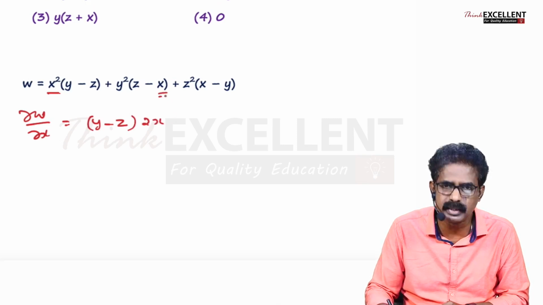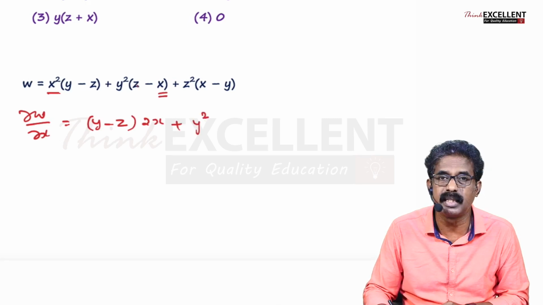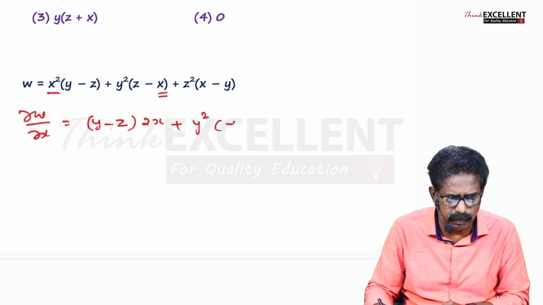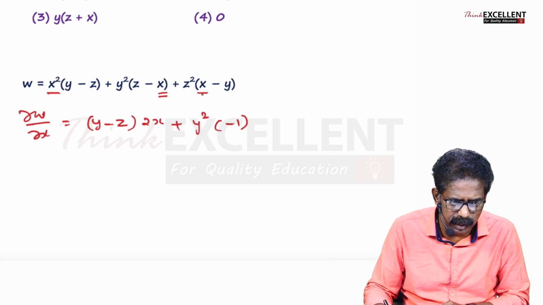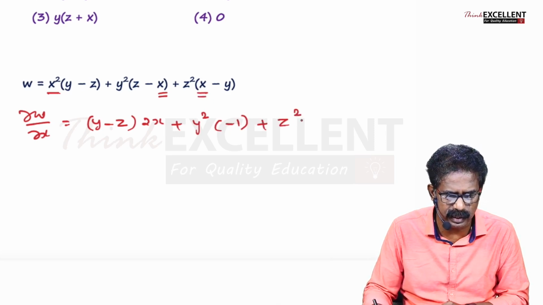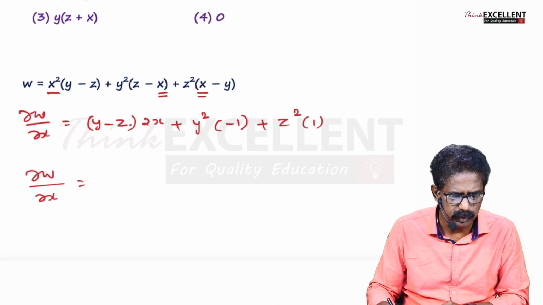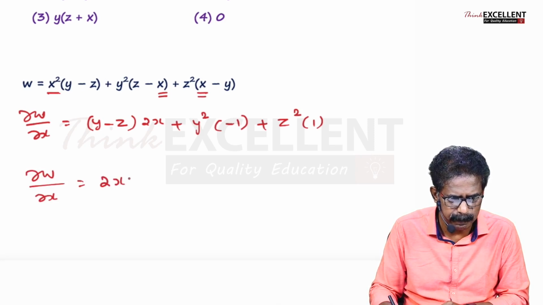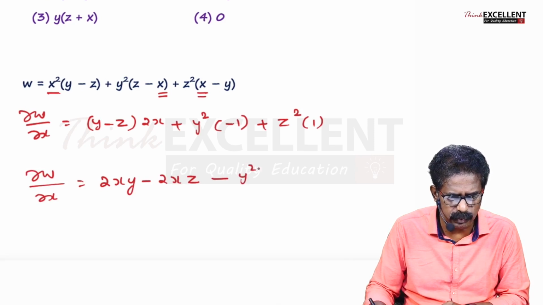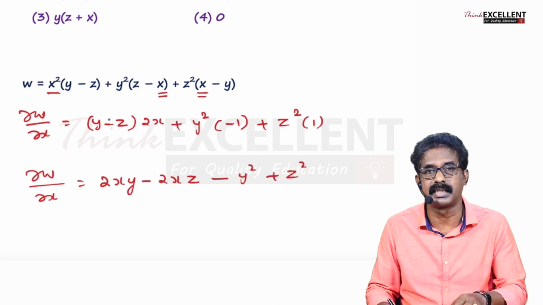Second term also x is there, so plus y square is a constant, z derivative 0, minus x derivative minus 1. Third term also x is there, so plus z square is a constant into x derivative 1. So dou w by dou x is, multiply term by term, 2xy minus 2xz minus y square plus z square. This is dou w by dou x.